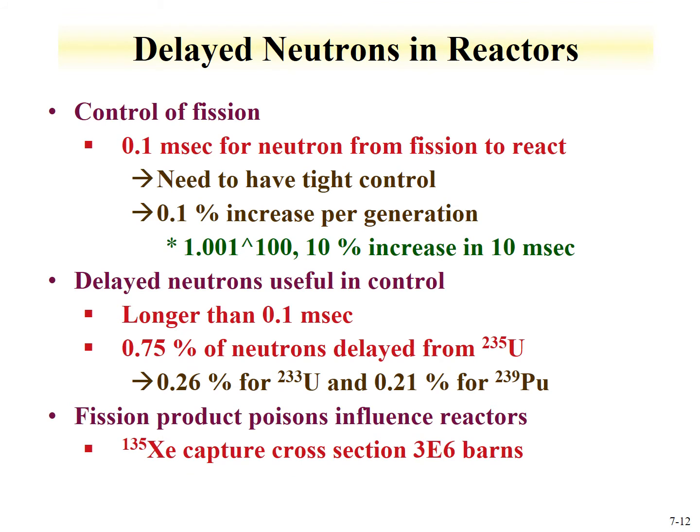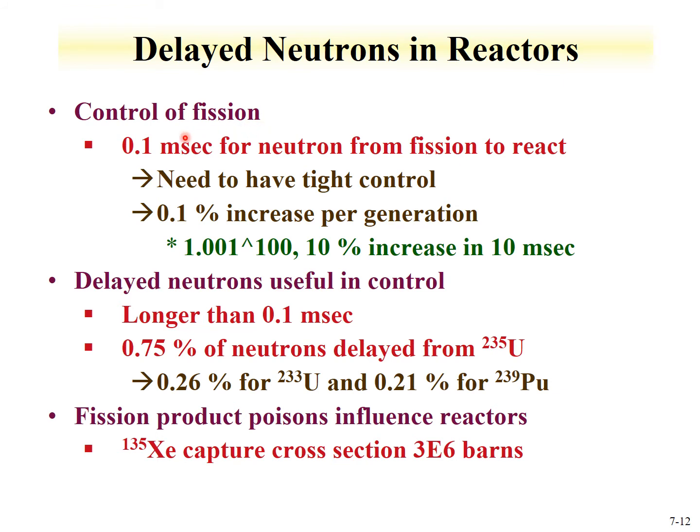The reason these delayed neutrons are important has to do with how fast the fission process is. About 1/10 of a millisecond is needed for a neutron from fission to react. So fission occurs, that neutron is born, that neutron then reacts with another isotope.